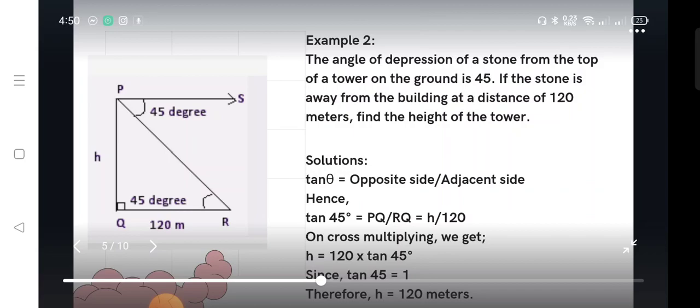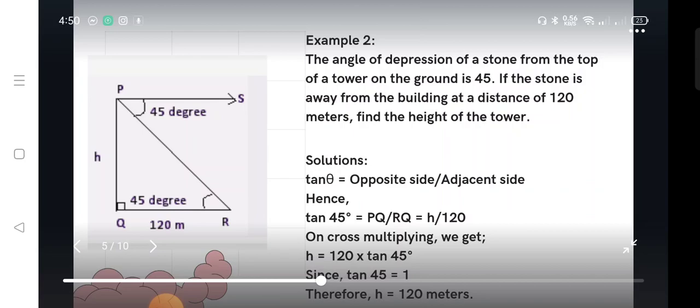And then given the angle of depression, we have angle SPR is equal to 45 degrees. As we know, the angle of elevation QRP is equal to the angle of depression. So SPR is equal to 45 degrees. Now, in right angle triangle PQR, we know that QR is equal to 120 meters.